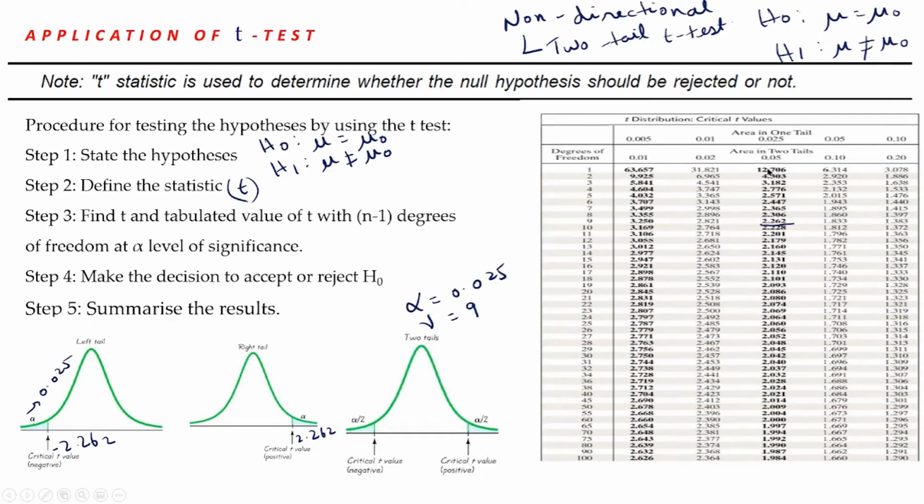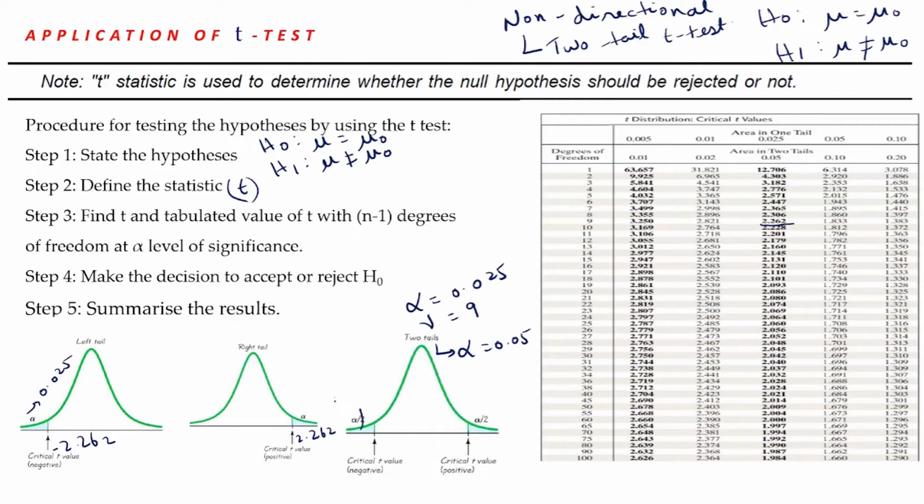Here if we see the area in one tail for 0.025 and area in two tails for 0.05 and for 9 degrees of freedom, the critical t value is the same. It is 2.262. Here for a two-tailed test, alpha equal to 0.05, here we have alpha by 2.